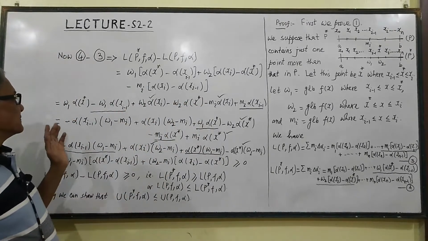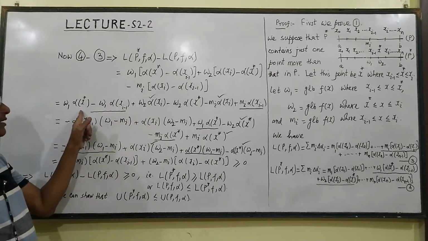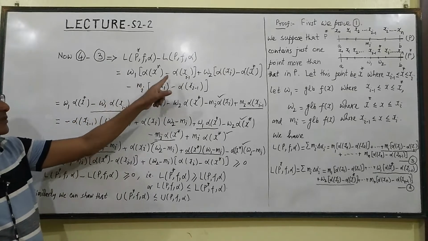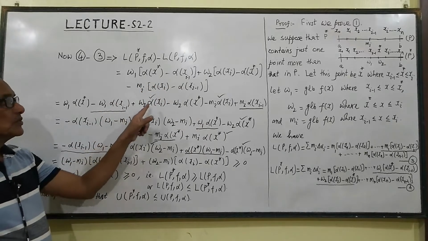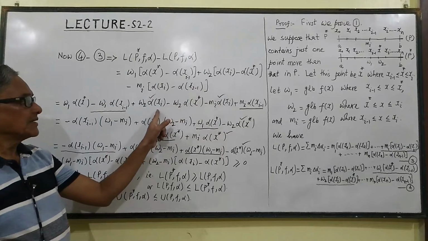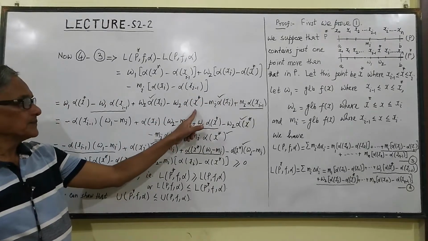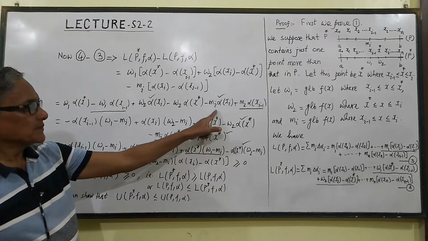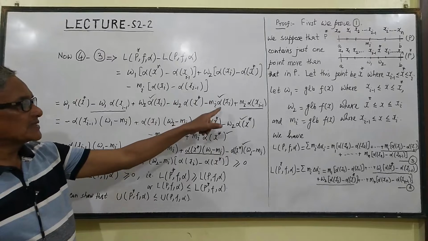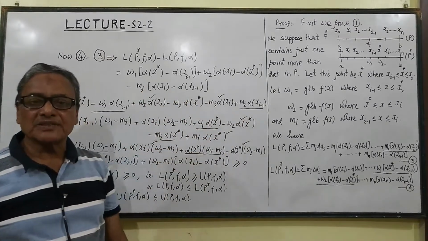On expansion, we get W1 alpha x star minus W1 alpha xi minus 1 plus W2 alpha xi minus W2 alpha x star minus mi alpha xi plus mi alpha xi minus 1.